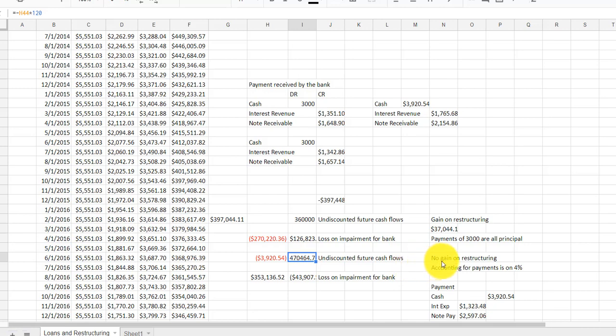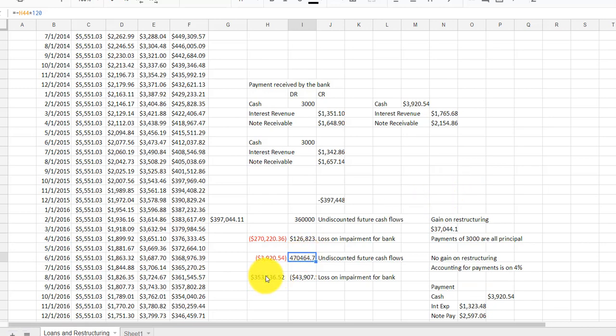Undiscounted cash flows from Chigger's standpoint, their cash flows are more than the original loan amount, therefore there is no gain on the restructuring for Chiggers. And they're going to record their payments going forward at 4%, because that's what we use to calculate the payment.